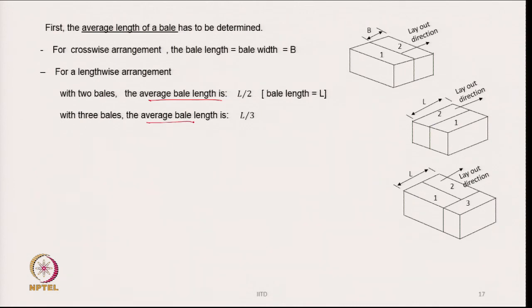Look at the way the bales are placed and why it is L by 2, because in this length L I can accommodate 2 bales. So, therefore, the average bale length is going to be L by 2. In this case, in the length L I can accommodate 1, 2, 3 bales, and that is why the average length is L by 3.